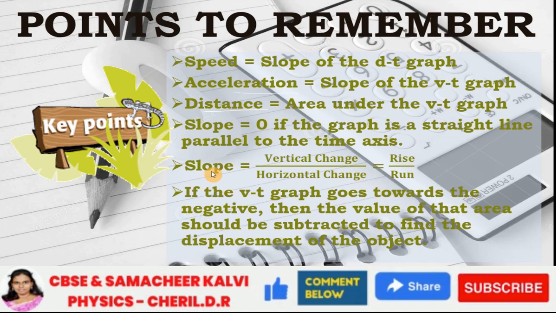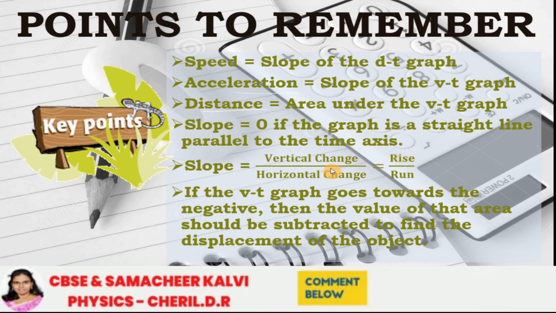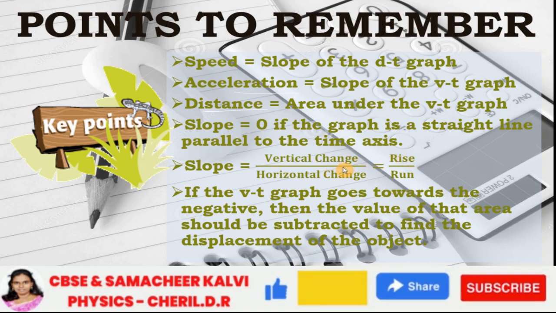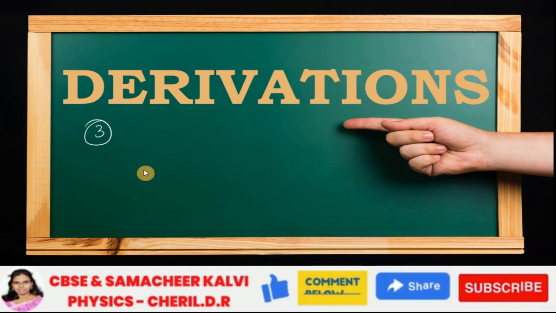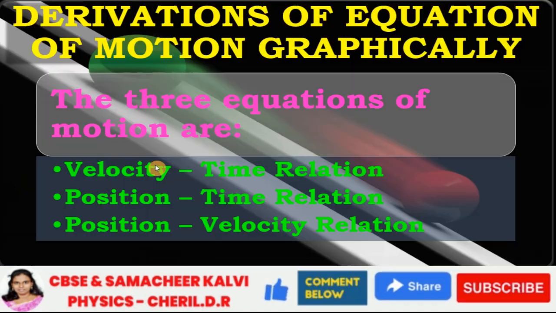Another one is about the slope, which is nothing but the rise by run, which we get from the vertical change by horizontal change. Now we'll get into the derivations. There are 3 derivations, so we'll go through each derivation one by one in each video.